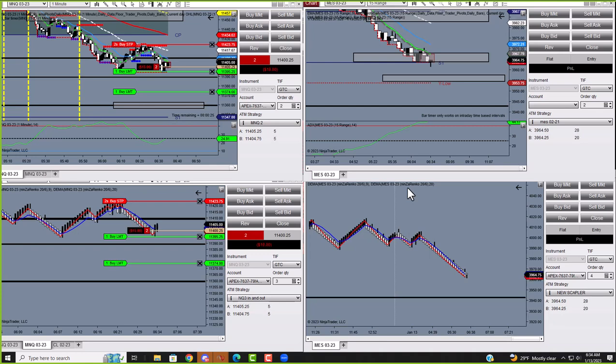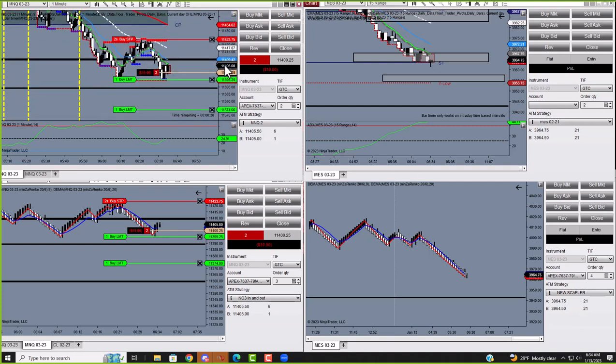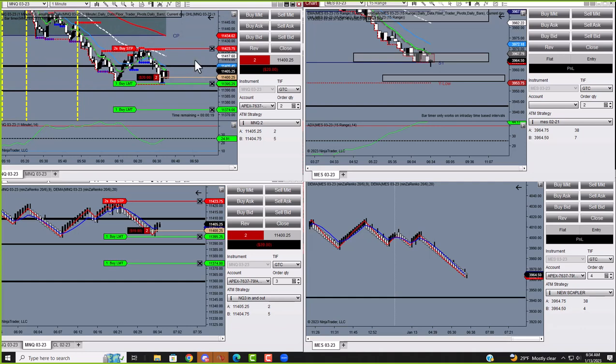Don't push up above here. If we open above these sellers, it's going to push up, not down. Nope, we open lower.